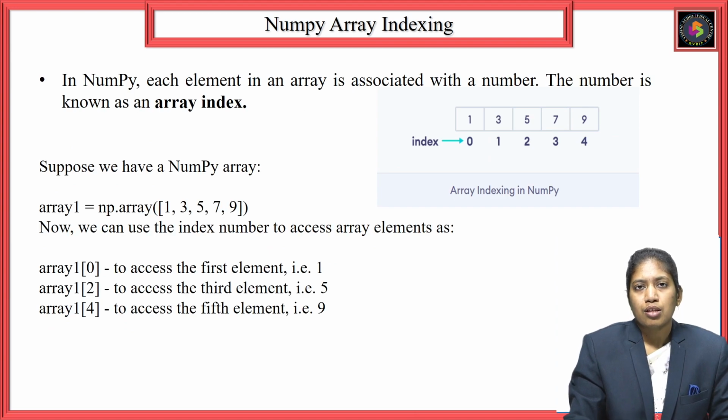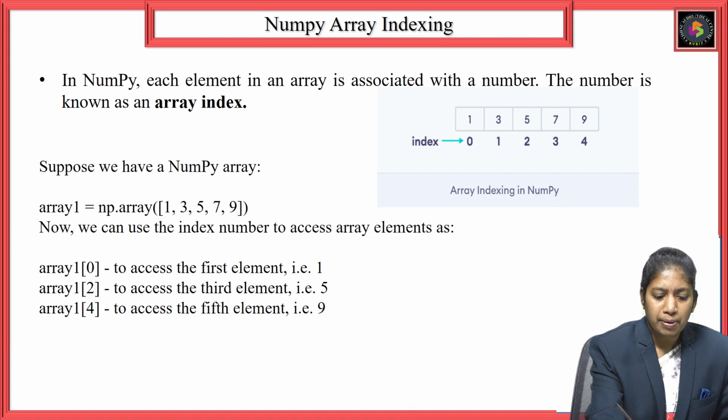Array indexing. Generally we have lists in Python. A Python list is represented with indexes, so each and every element has a specific number, which indicates the index of the corresponding element. Likewise here, each element in an array is associated with a number, the array index. With the help of the array index, we can access the elements.